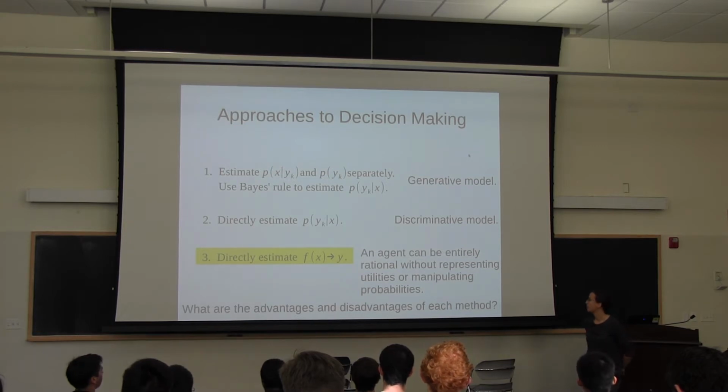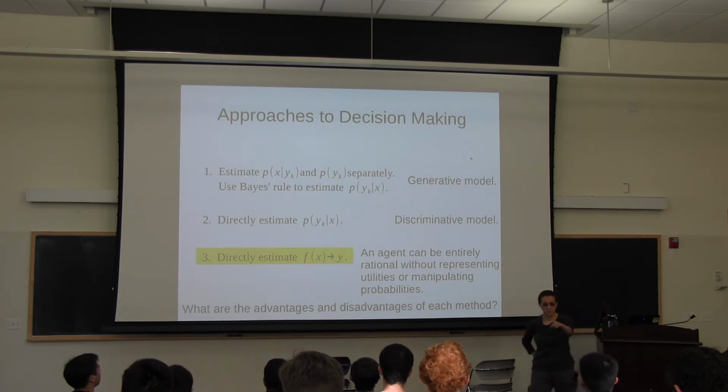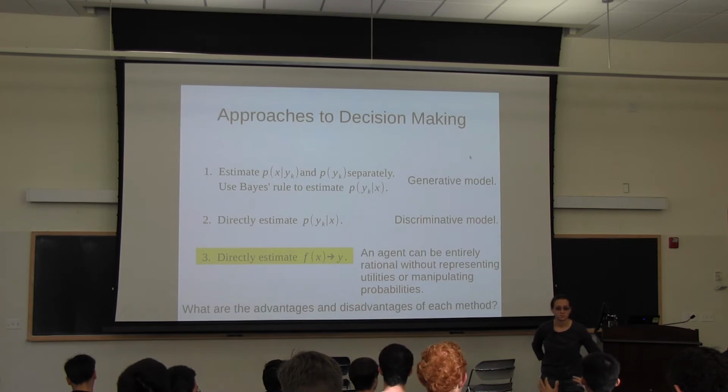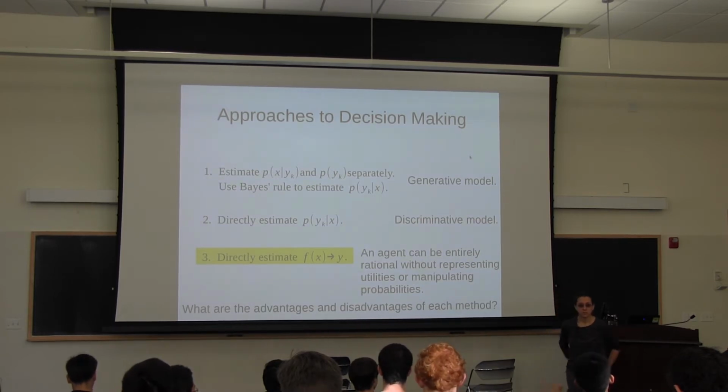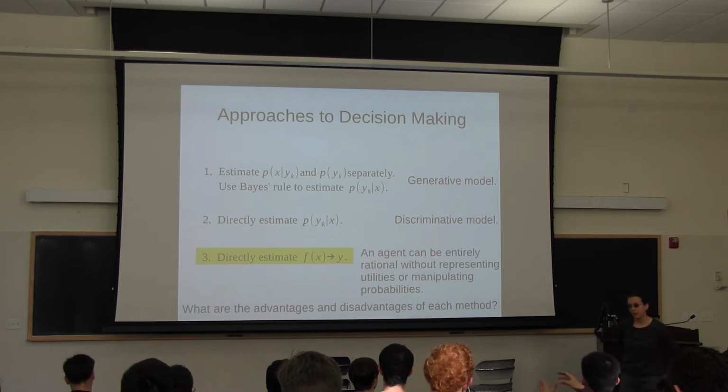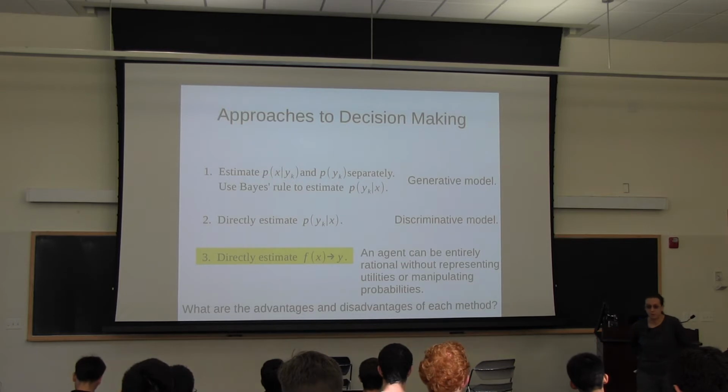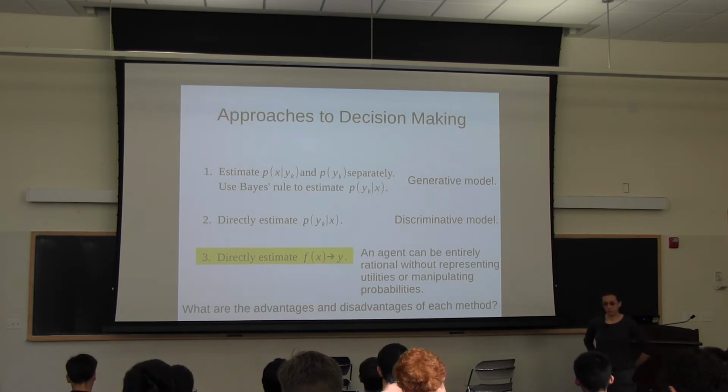Why is that different from estimating the joint distribution or the conditional distribution? Does it mean for this method we don't try to model the internal mechanism? Yeah. So we could still try to model the internal mechanisms, but we're not trying to model it as a probability distribution, so we're not necessarily going to have probability.